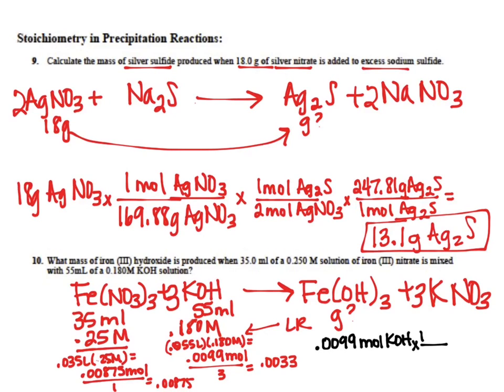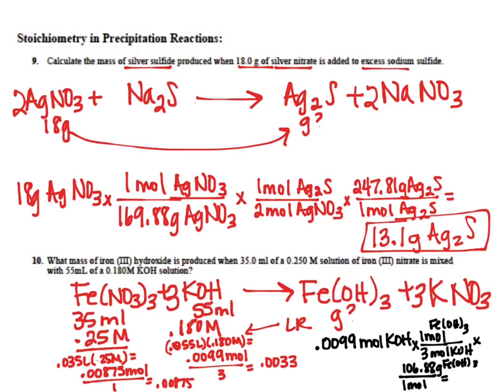So for every 1 mole of FeOH3, it's 3 moles of KOH. And does it bother anybody if I go down to this next line? We're going to multiply that by 106.88 grams of FeOH3 for every 1 mole.